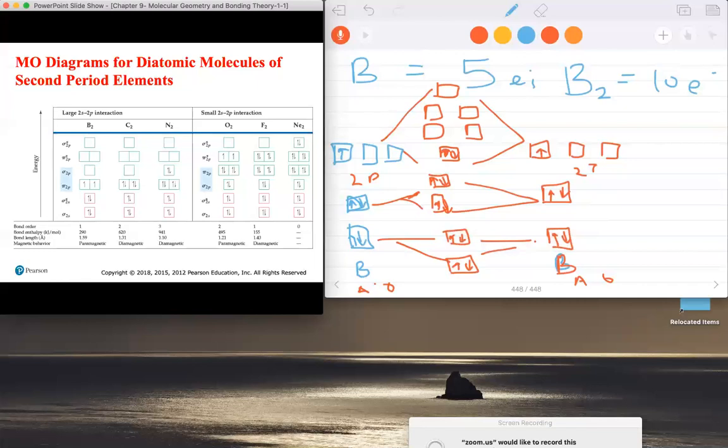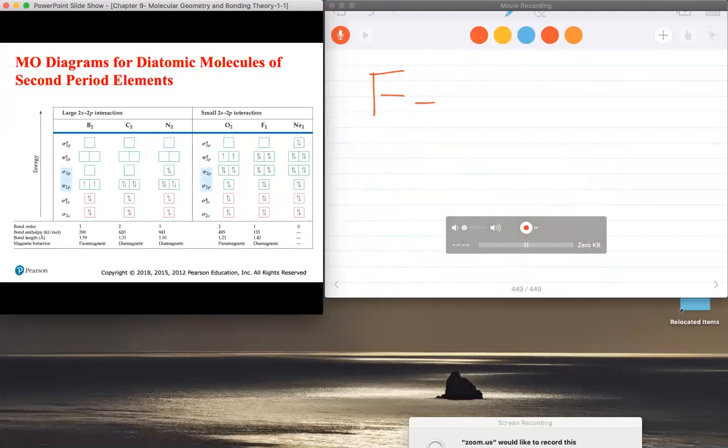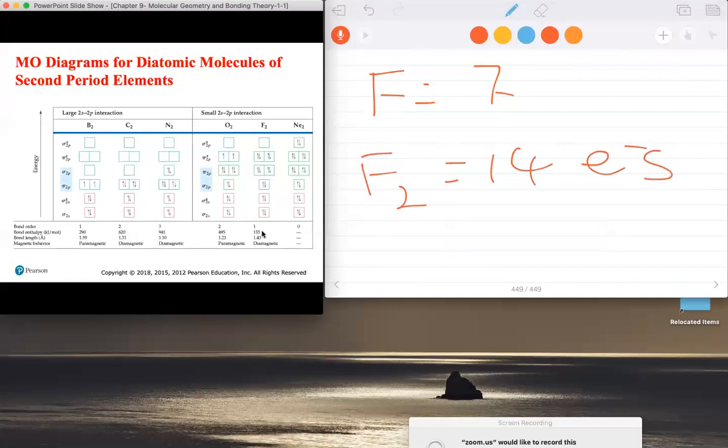So you'll just fill in the molecular orbital the way you do, starting from the lowest, accounting for the total number of electrons. F2, remember fluorine is in group 7, and F2 has 14 electrons, which are represented by these lines, up and down, up and down. They are just going sequentially from the lowest to right there.